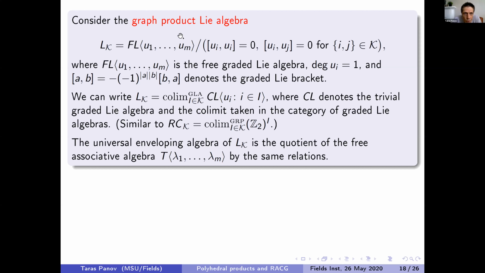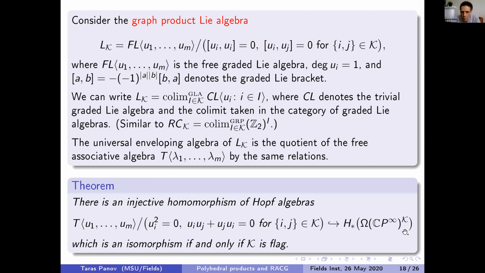Now you can look at its universal enveloping algebra, and it's just the quotient of the free associative algebra, the tensor algebra, by the same relations. This free associative algebra features in the description of the loop homology of the Davis-Januszkiewicz space, CP infinity to the power k. There is always an injective homomorphism of Hopf algebras.